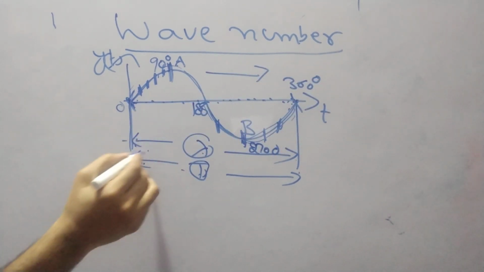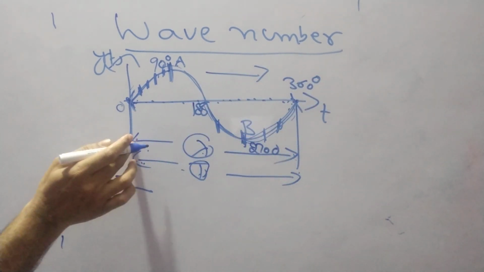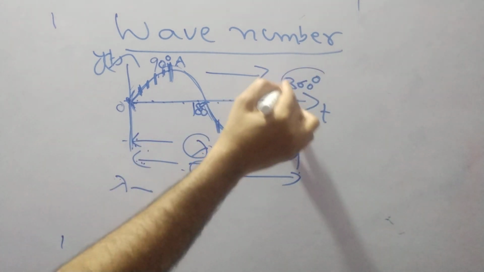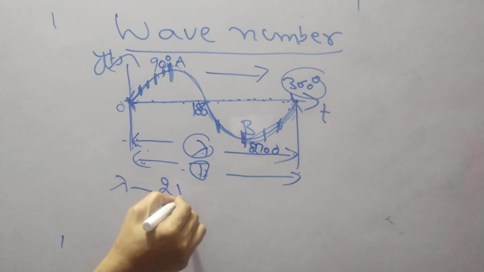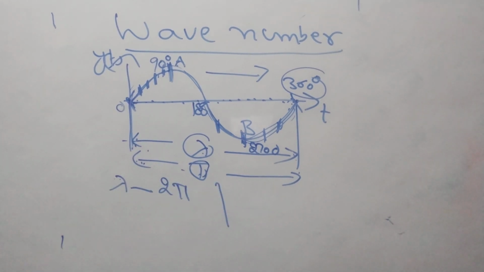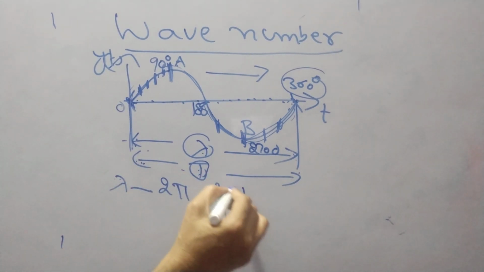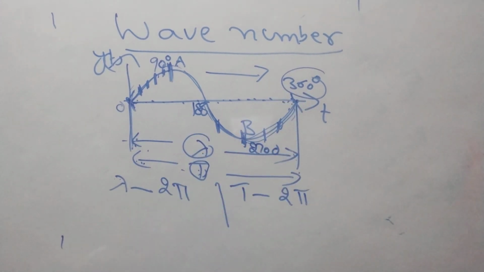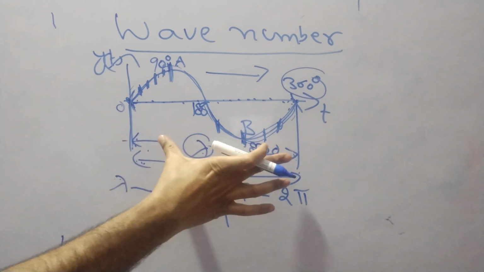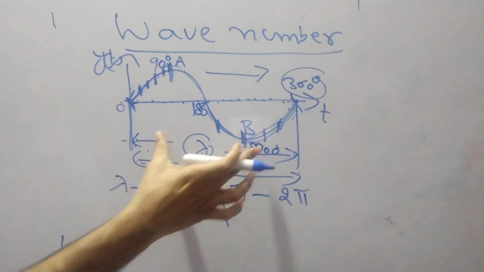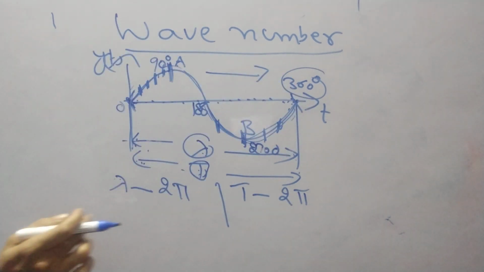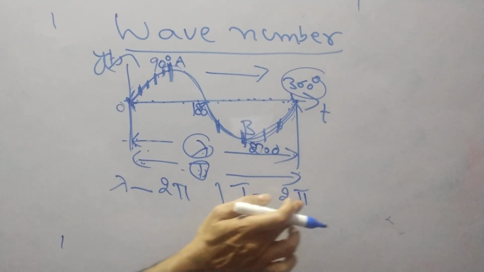So for lambda value, lambda is in meters, this is in angles. So your lambda value is nothing but 360 degrees, which means 2 pi. And same here, your time period T is again 2 pi in terms of angle. So the total value of one wave is nothing but 360 degrees. So your lambda is 2 pi, T is 2 pi.